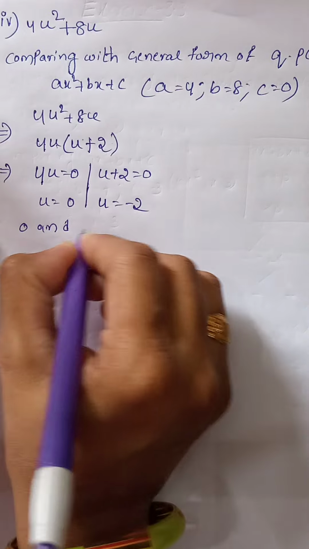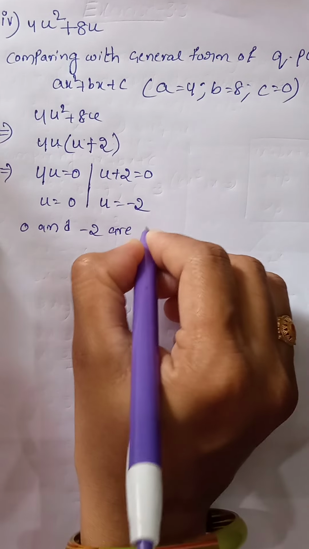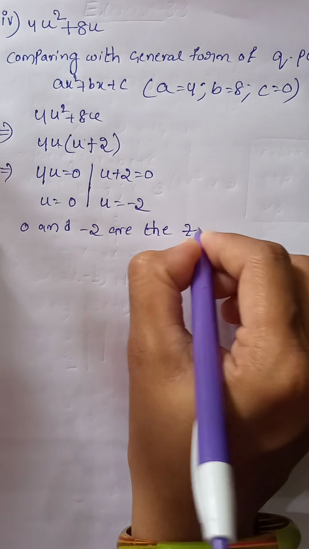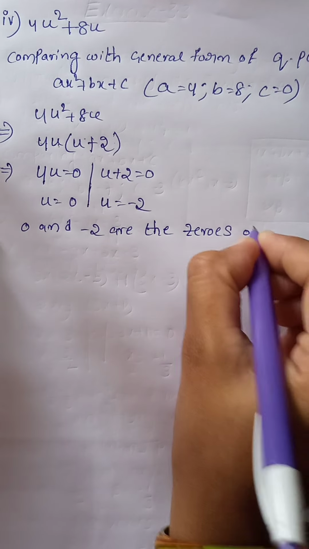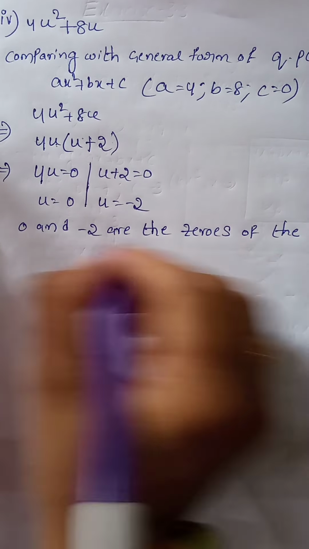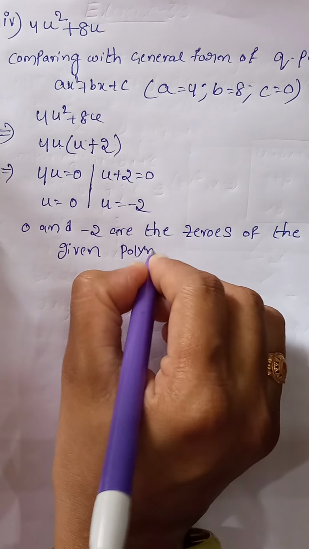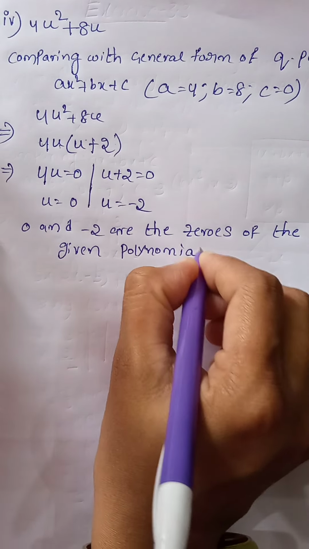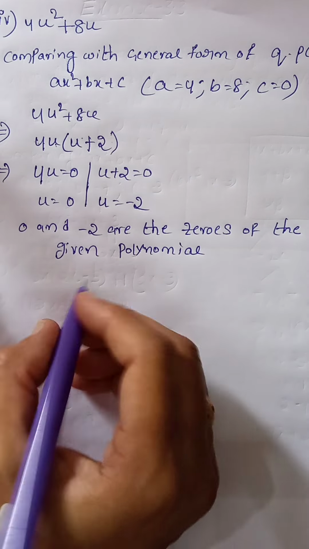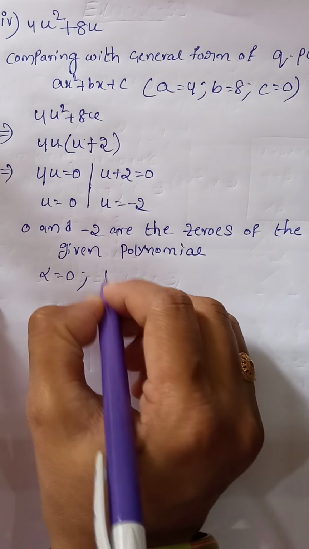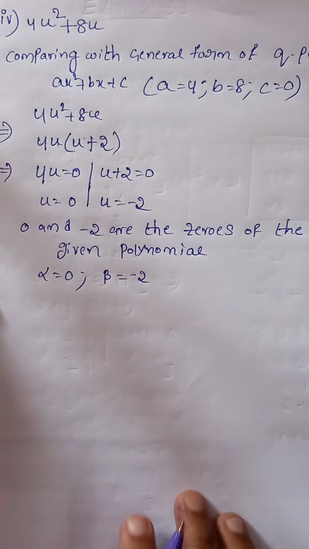So 0 and minus 2 are the zeros of this given polynomial. Let us assume alpha equal to 0 and beta equal to minus 2.